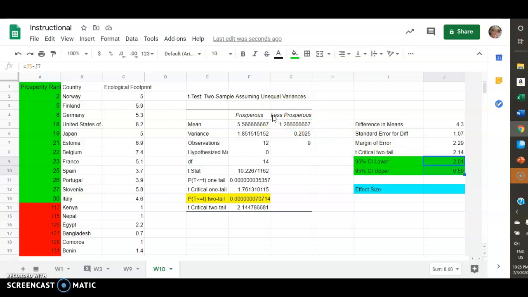So even in the best case scenario for the prosperous country, still using 2 Earths more than the less prosperous countries, but it could be a much, much worse situation. That's what the confidence interval tells us.